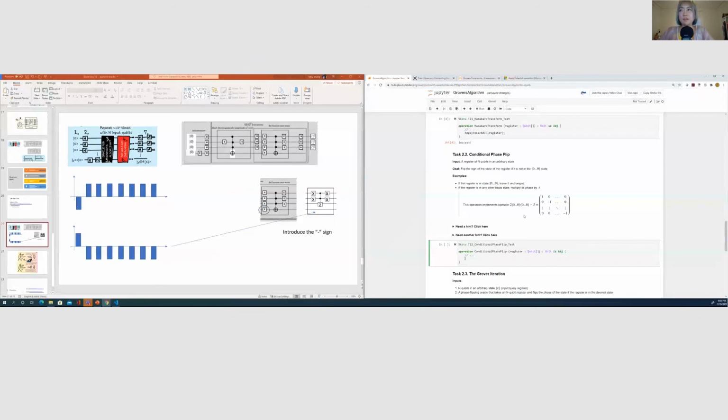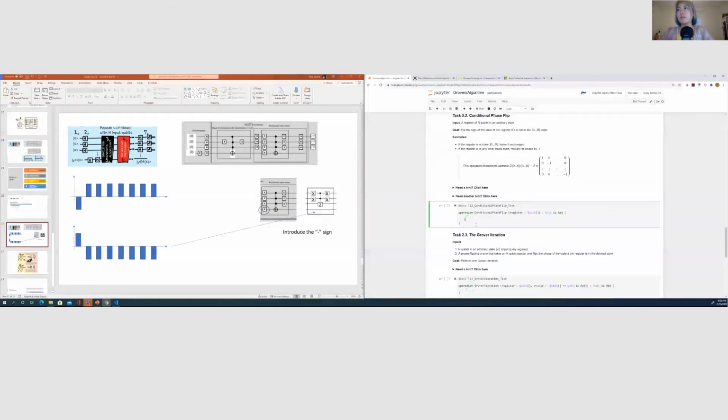So the first thing is that you need to set up these X gates, and then the controlled Z gate. And this whole kata is nice because it's introducing quite a few operations. So there's something called within apply.